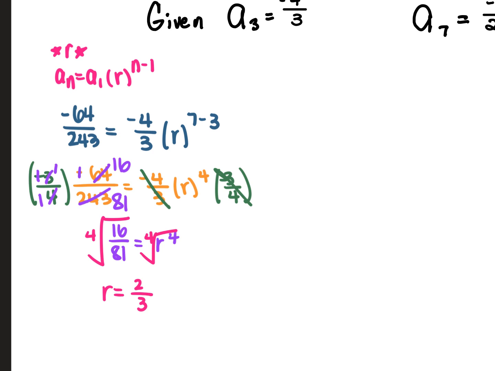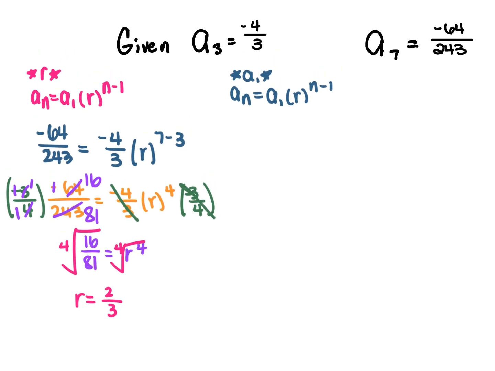Now that you have what r is, you need to find a sub 1. To do that, we're going to use the same formula: a sub n is equal to a sub 1 times r to the power of n minus 1. Use one of the values that they give you. I'm going to work with a sub 3 is equal to negative 4/3.